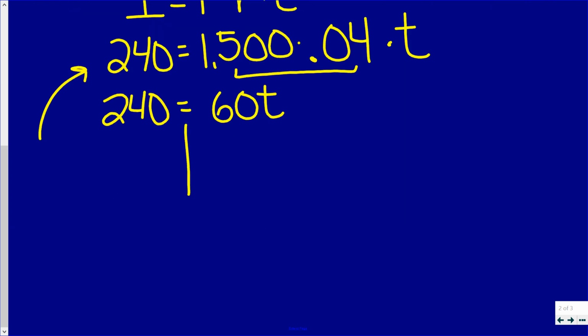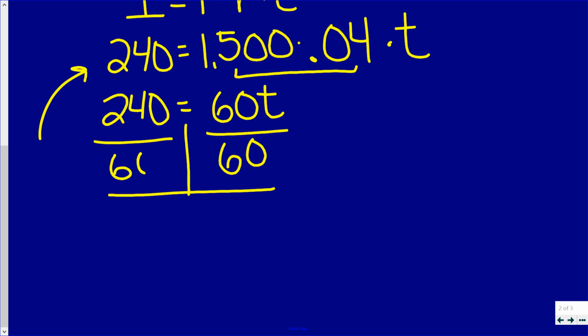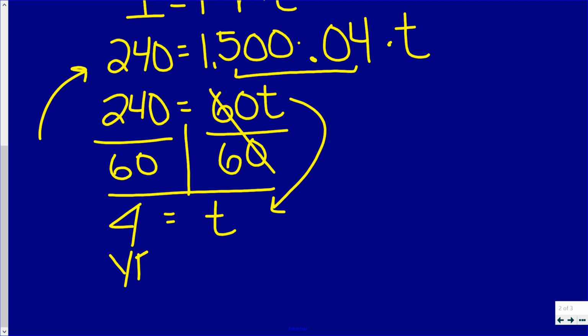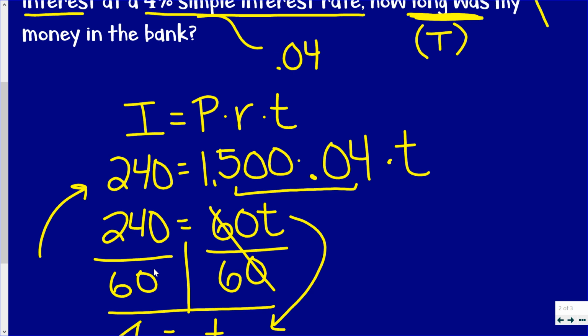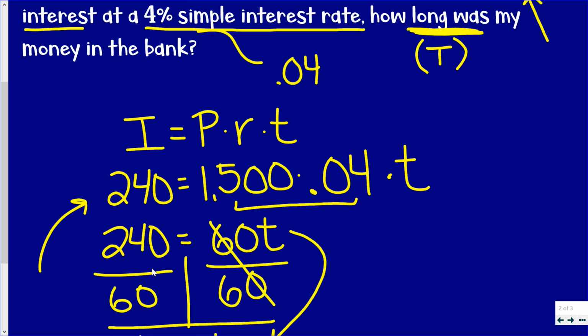All right, once again, we're going to go ahead and solve for T because we're trying to figure out how long. So what we do on one side, we have to do on the other. Those cancel out. T comes down. 240 divided by 60 equals 4. And remember, time is always measured in years. So your answer is 4 years. And the original question said, how long was the money in the bank?